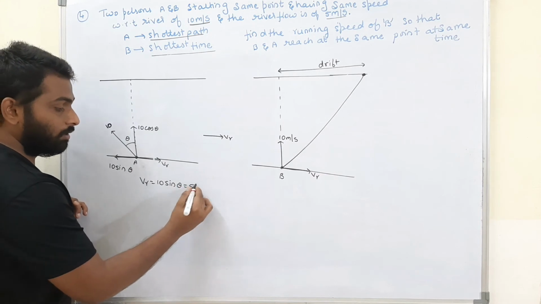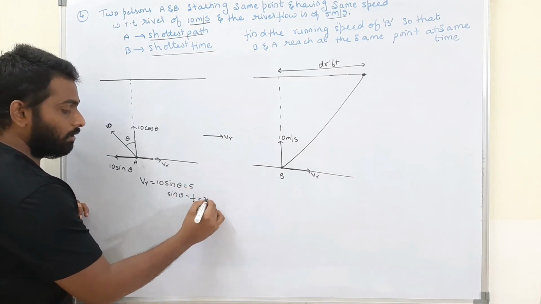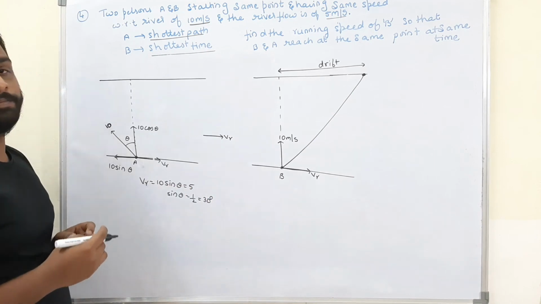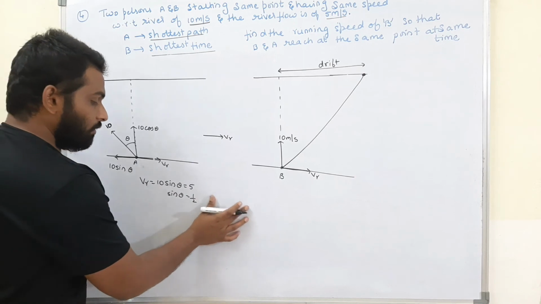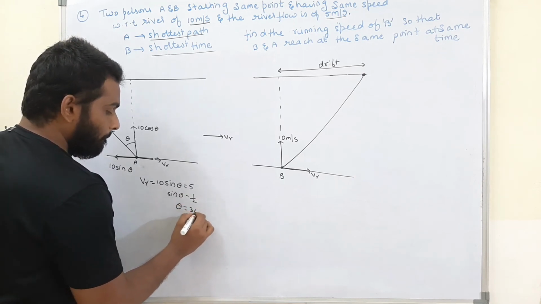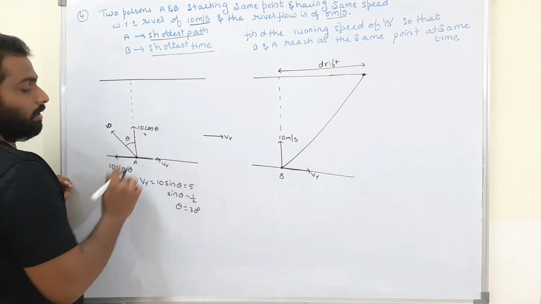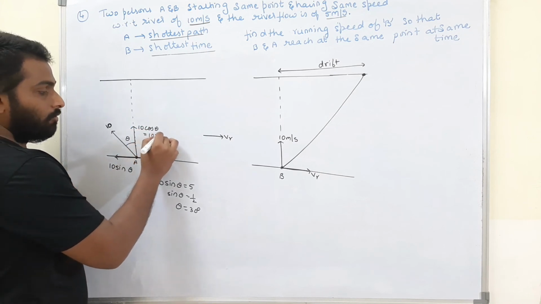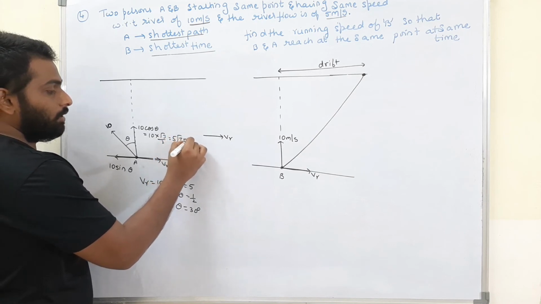That is 5. What is sin theta? 1 by 2. Therefore, theta is 30 degrees. What is theta? 30 degrees. Therefore, what is this velocity? 10 cos theta, 10 into cos 30, root 3 by 2. That is nothing but 5 root 3 meters per second.